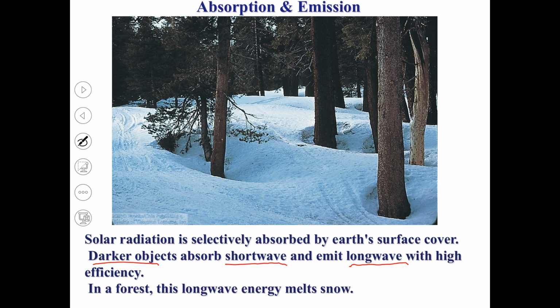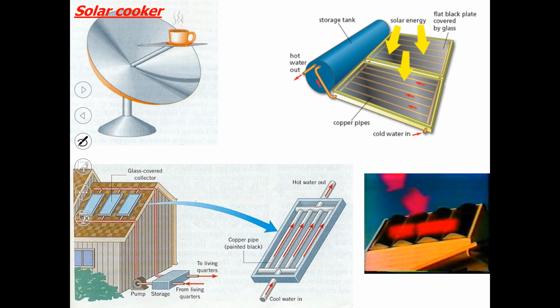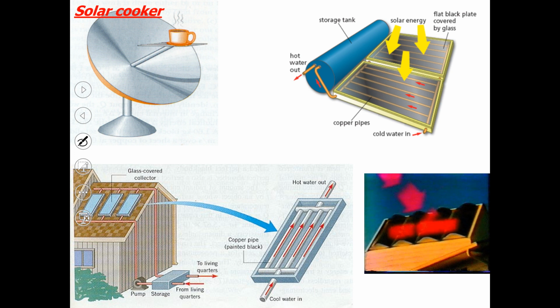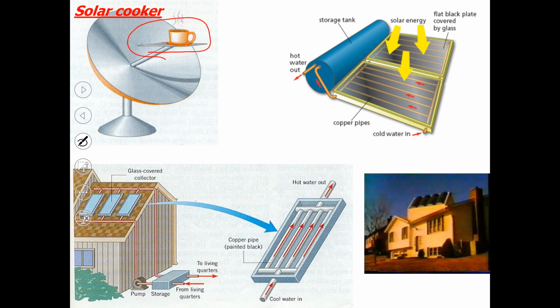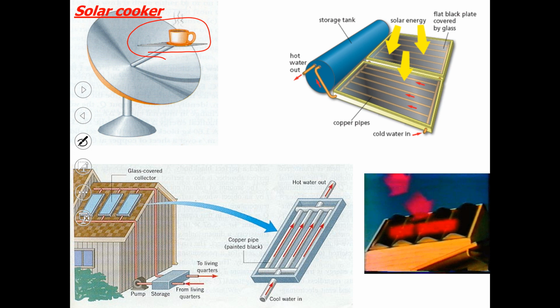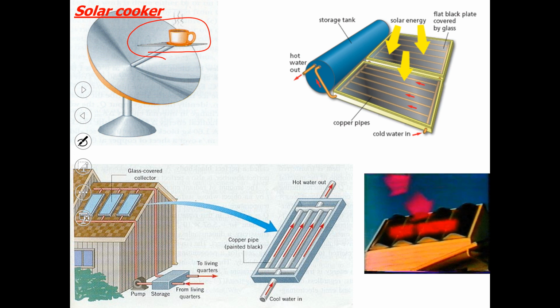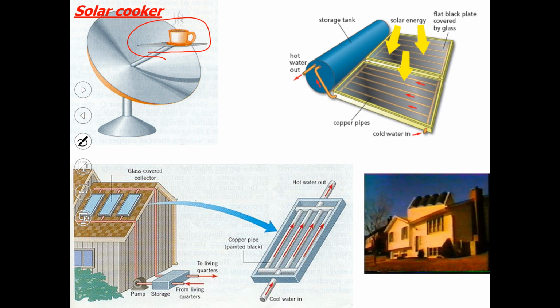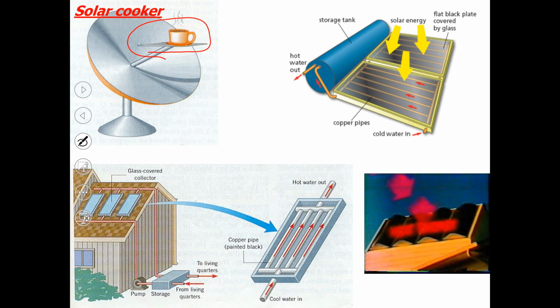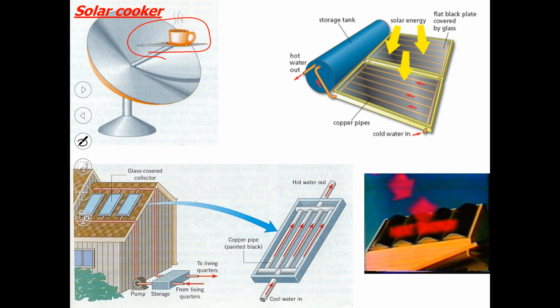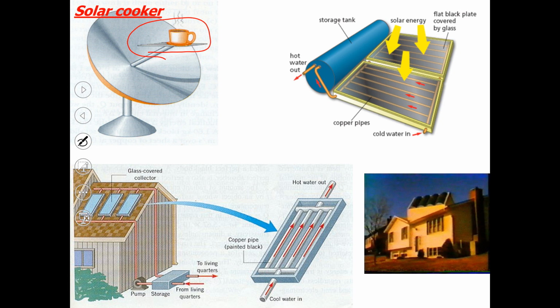In a forest, this long wave energy melts snow. A solar cooker, for example: when you put a glass of water or tea in the solar cooker, the bright surface is a good reflector, and the temperature will be higher.